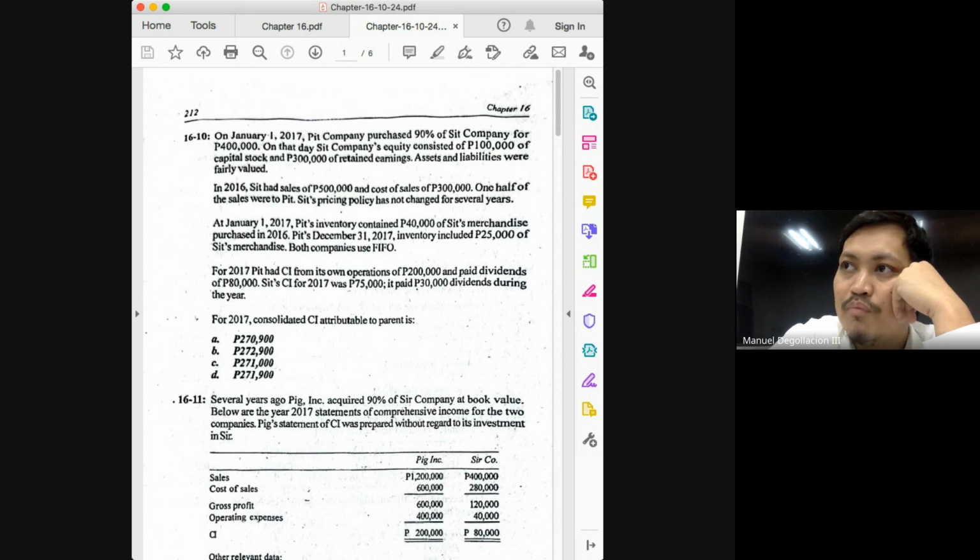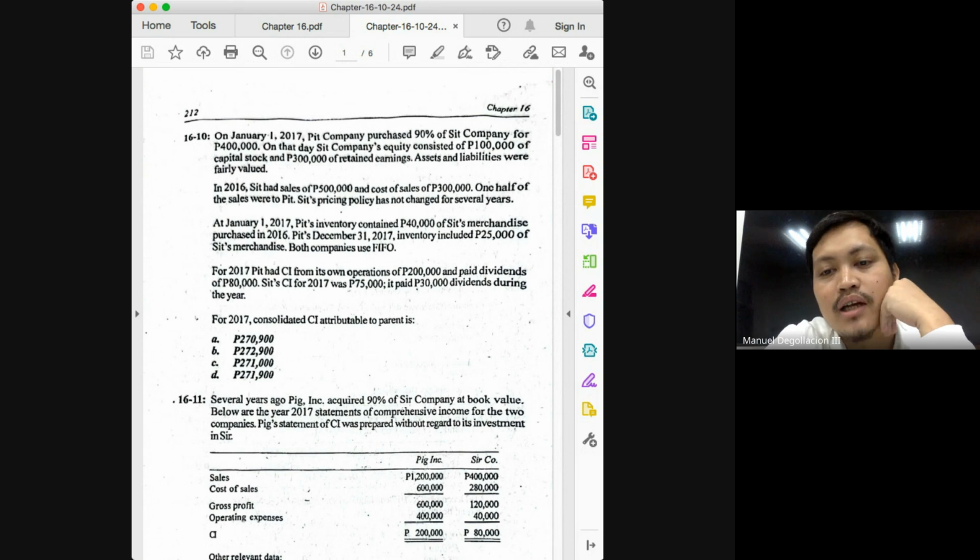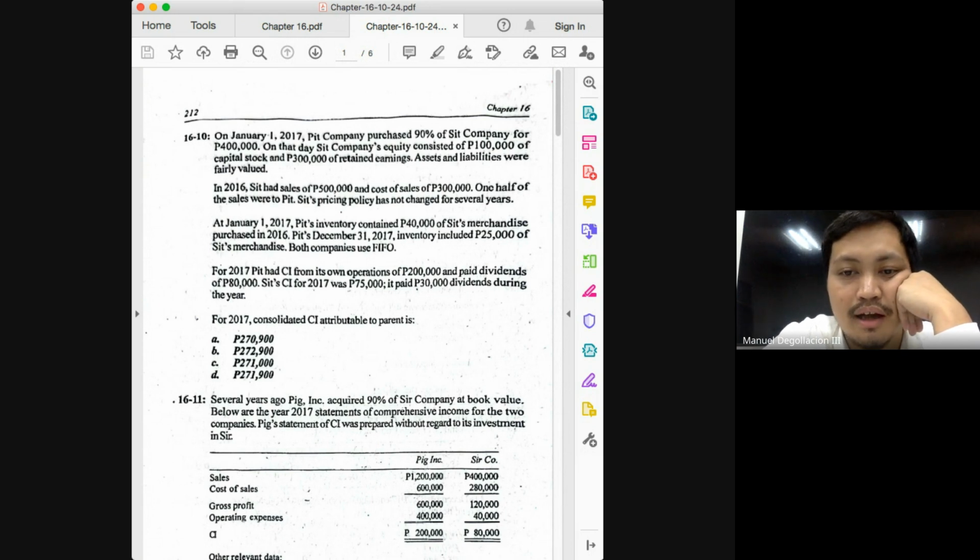Just deduct the share of the NCI in the adjusted income of the subsidiary. Again, what is being asked here is the consolidated income attributable to the parent. Our procedure here is to first solve for the consolidated income and then deduct the share of the NCI in the adjusted income of the subsidiary.